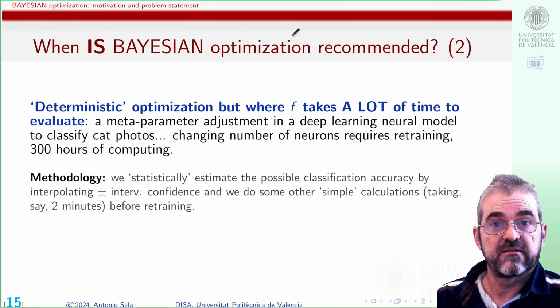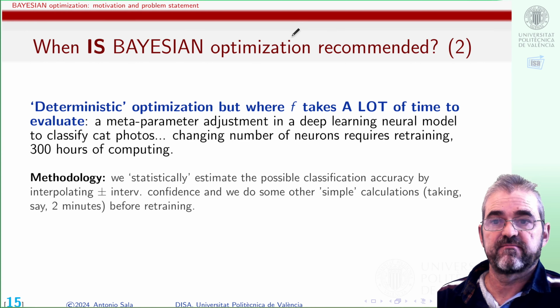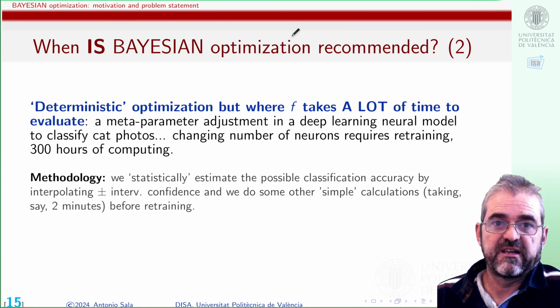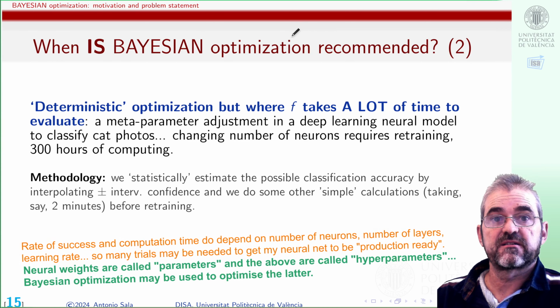Then training that neural network takes, let's say, 300 hours of computing in a data center, consuming a lot of energy. And what I want to optimize in that context is the number of neurons, the learning rate, or other what we call hyperparameters of the learning task.